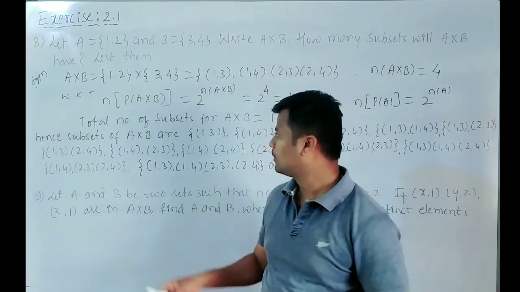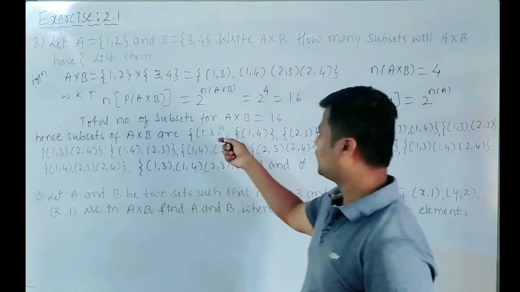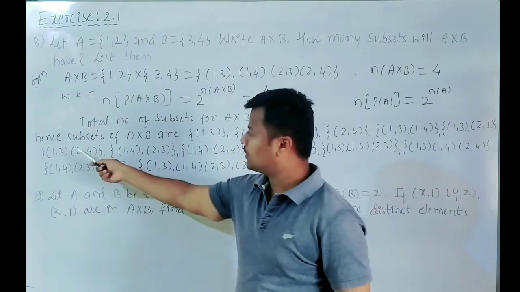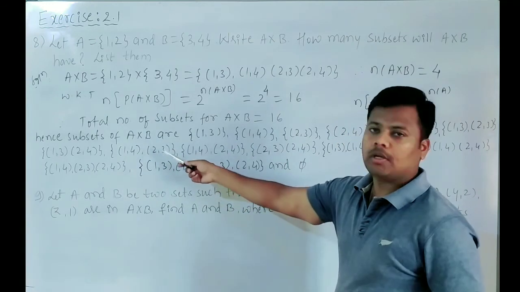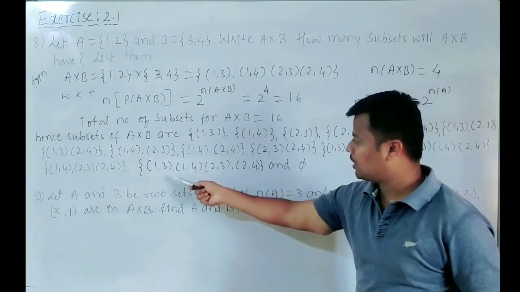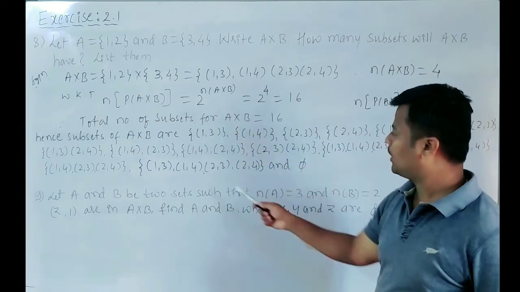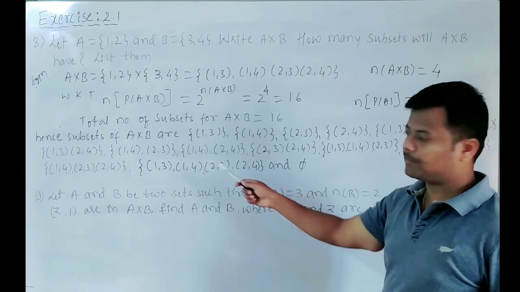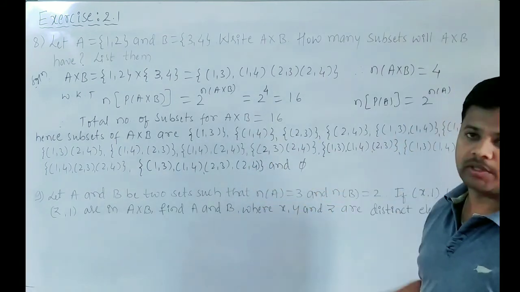These are the subsets of A cross B. The set A cross B itself and the null set are also subsets of A cross B. List out all 16.